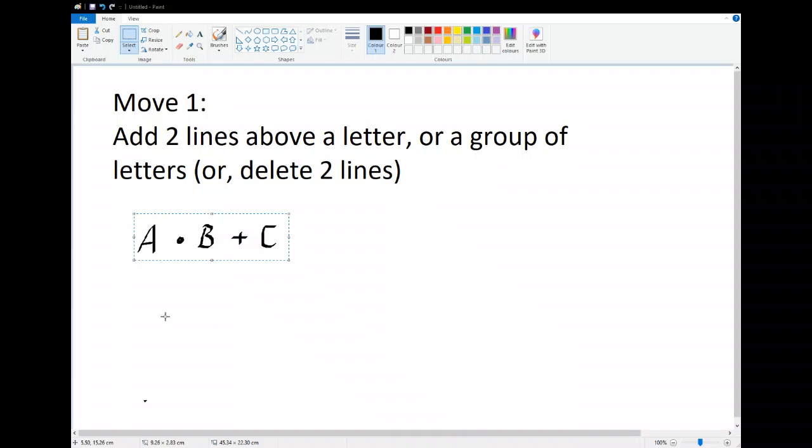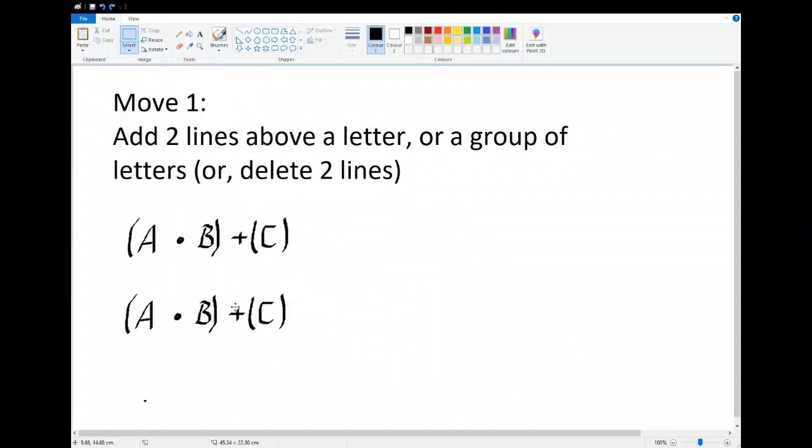What if we had something as simple as A and B or C? Well, this should have a bracket around it like this. So if we want to add 2 lines to this, we can either come along and add 2 lines just there, or we could add 2 lines above that, or we could add 2 lines above the whole thing.